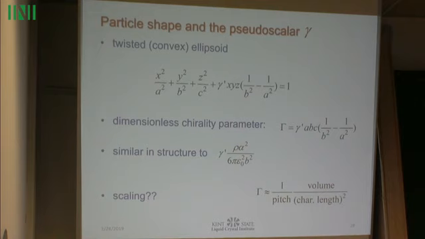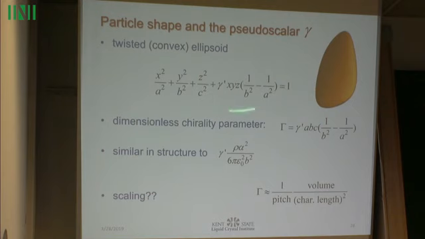We were interested in trying to make a convex body which is chiral, and so we made a kind of twisted ellipsoid. So basically, it's an ellipsoid and you just twist it, and so we printed it, and it's pretty interesting in some ways.